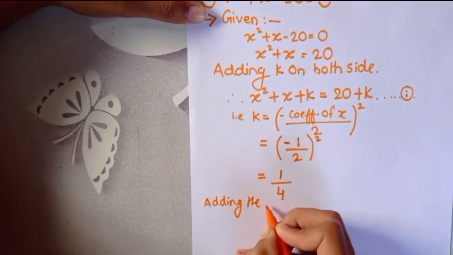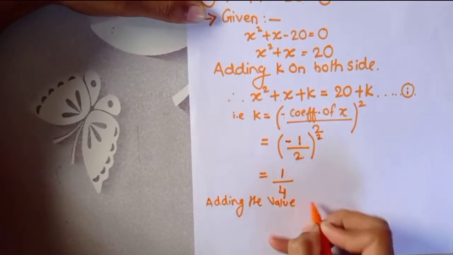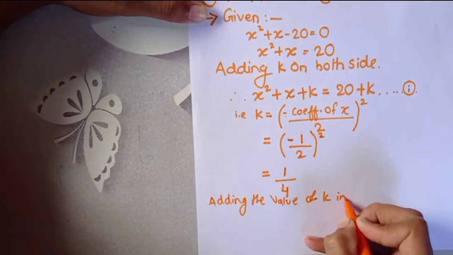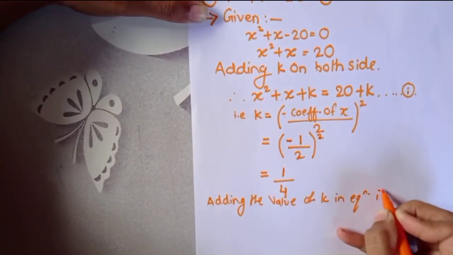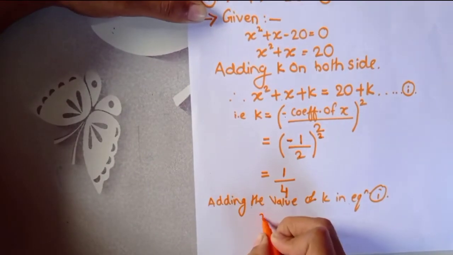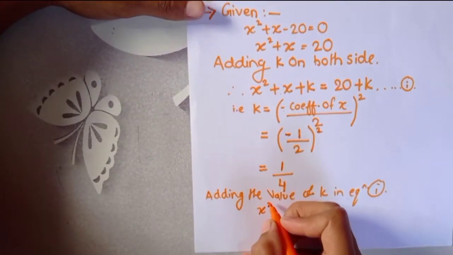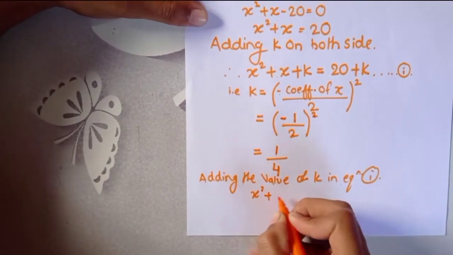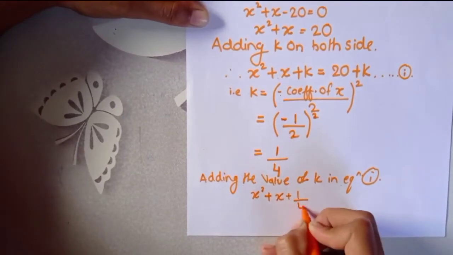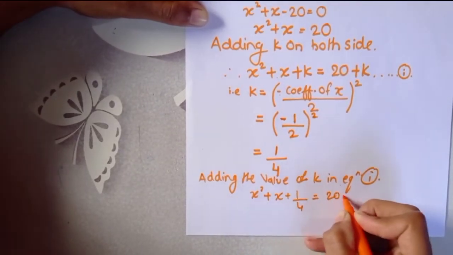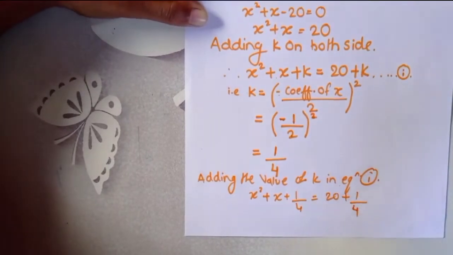Adding the value of k in the equation first, we will get the equation as x square plus x plus 1 by 4, which is equal to 20 plus 1 by 4.